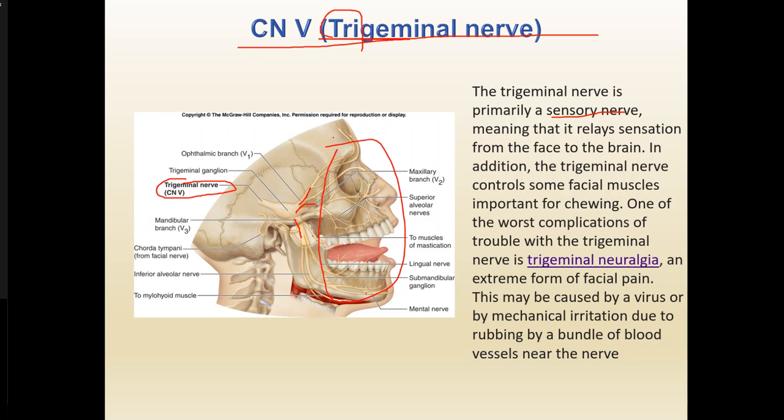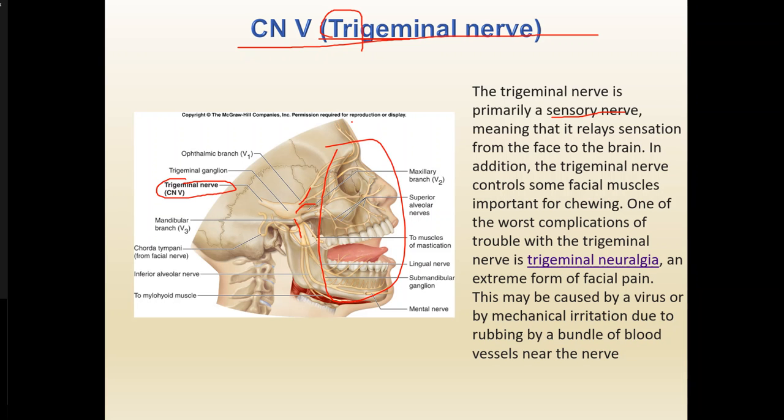Okay, but also controls some facial muscles that are important for chewing. And whenever you have a complication of the trigeminal nerve, you could develop trigeminal neuralgia, which gives you a very important facial pain.